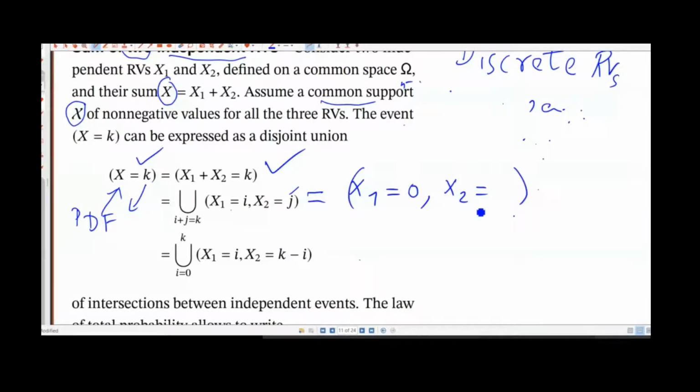For this to be the case. Anyone? क्या लिखूं मैं यहाँ पे? K. दूसरा एग्जांपल, x1 equals 3. What must be x2?